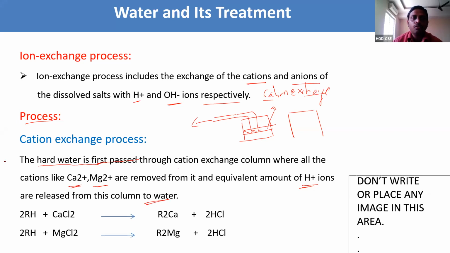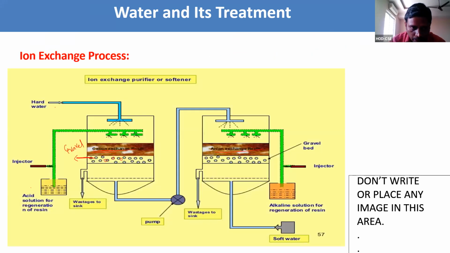First, we pass the hot water into the cation exchange column. The first chamber is called the cation exchange column, and the second one is the anion exchange column.